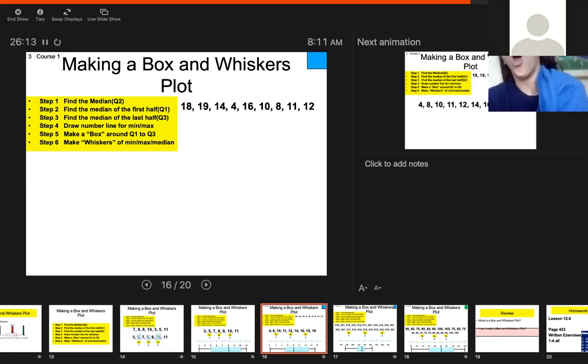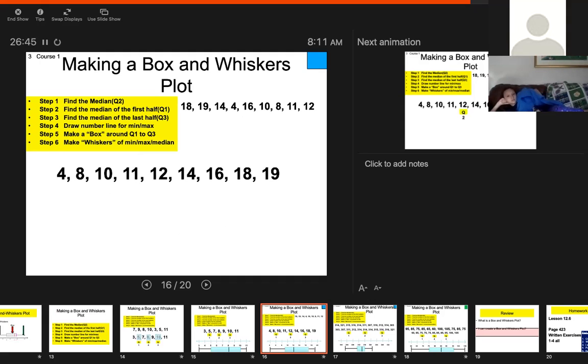Okay. Step number 1 is the hardest thing, but we got to find the median. That means we got to put the numbers from least to greatest. Grab your pencil, Josh. Least to greatest. The smallest number there appears to be 4. Then 8. Correct me if I make a mistake. 10. 11. 12, 14, 14, 16, 18, 19.